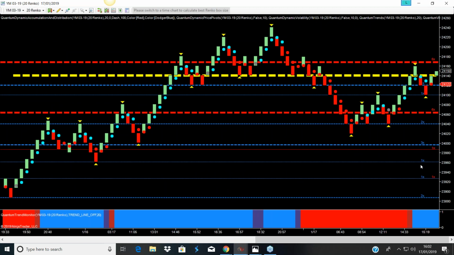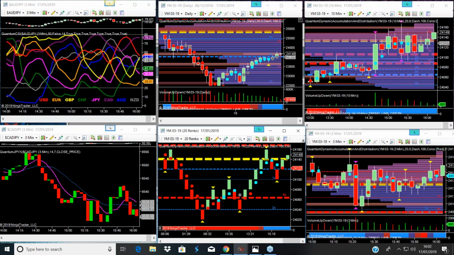I tend to stay with just the Renko to get some help with entries, staying in my levels, by using the VPOC and the accumulation and distribution indicator, and more importantly for exit, because if it is going to be rotating around this zone, the VPOC, the chances are it will pull away and then come back again until we get some firm direction.